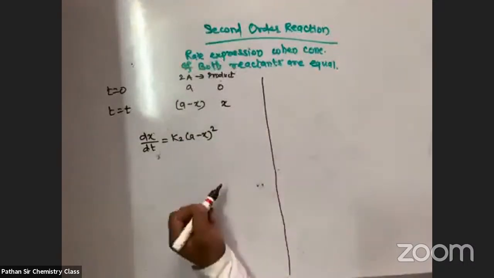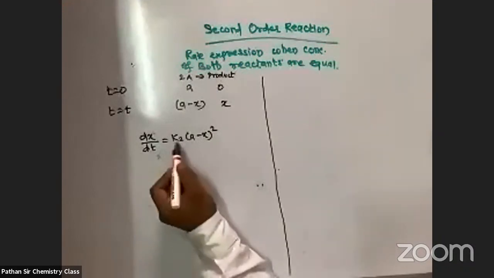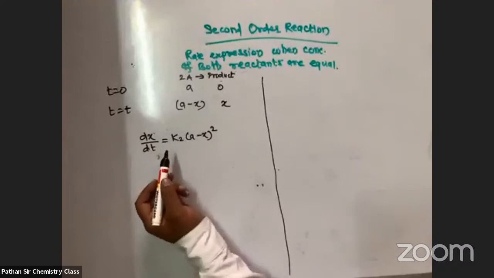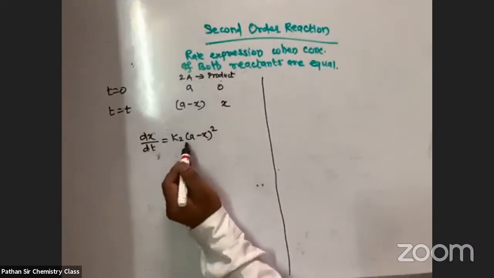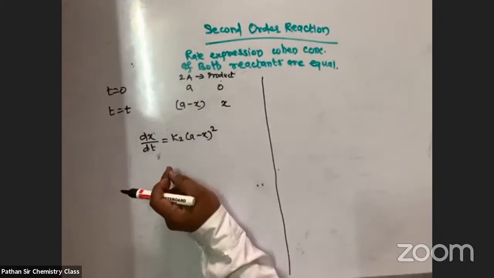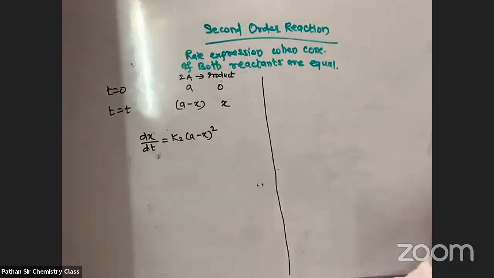Because it is a second order reaction. k2 इथे denotes करतो rate constant for second order reaction. ठीक है. So dx upon dt is equals to k2 into (a minus x) to the power 2. ठीक आहे, असं सुद्धा तुम्ही लिहू शकता.